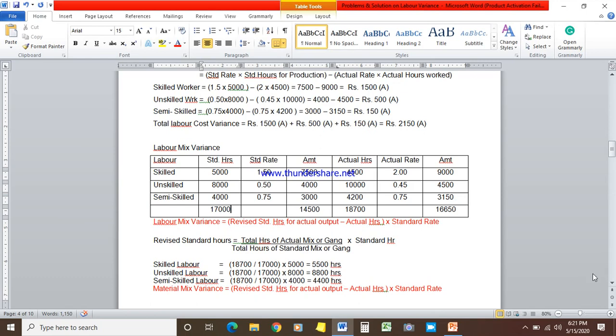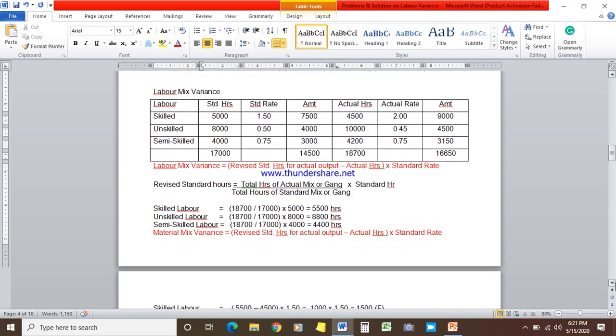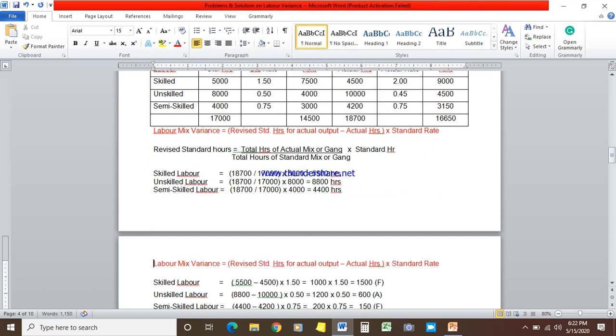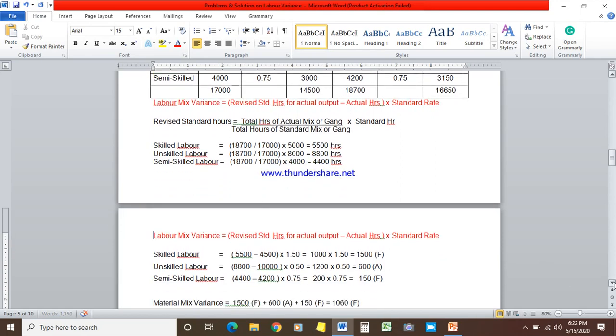Now once we calculate these revised standard hours, we should go for calculating the labor mix variance. So once again we write the formula: labor mix variance is equal to revised standard hours for actual output minus actual hours, into standard rate.